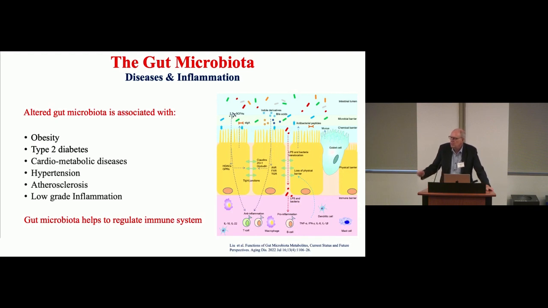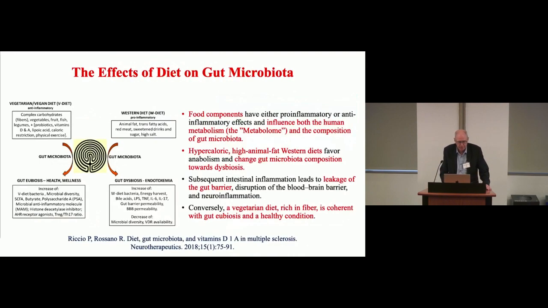All these conditions are associated with an altered gut microbiome. And the gut microbiome helps us to regulate the immune system. This implies that when we have a chronic inflammatory state, we actually also have an aberrant immune regulation, and that is of utmost importance in the context of development of cancer.